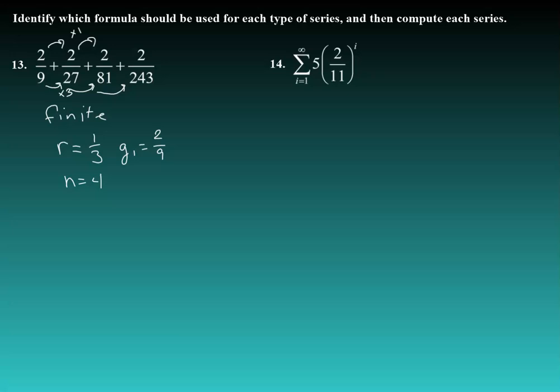So we're going to use that s sub n is equal to g sub 1 times r to the n minus 1 over r minus 1. So we have 2/9 times 1/3 to the 4th minus 1 over 1/3 minus 1.